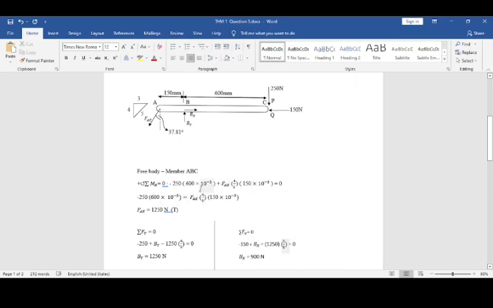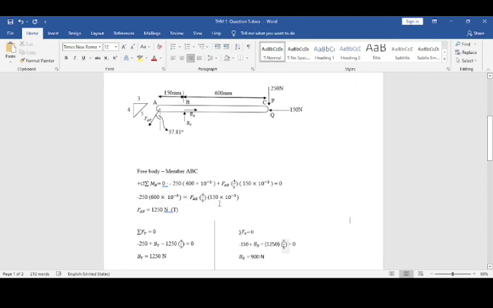Negative 250 bracket 600 millimeter times 10 power of negative 3, plus FAE 405, this 405 we're taking from the theorem tables over here, and then bracket 150 millimeter times 10 power of negative 3 is equal to 0.